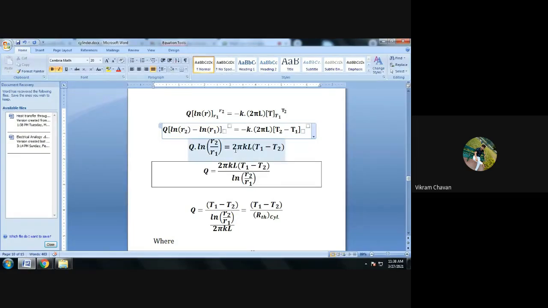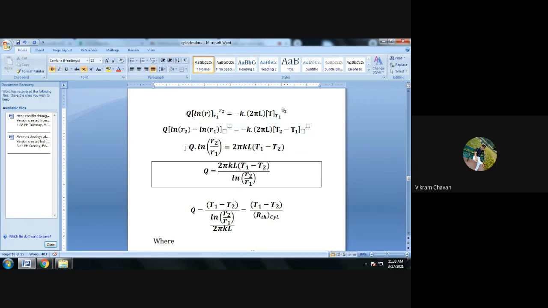So we will get the equation as q multiplied by ln of r2 divided by r1 equal to 2 pi kL into bracket t1 minus t2.